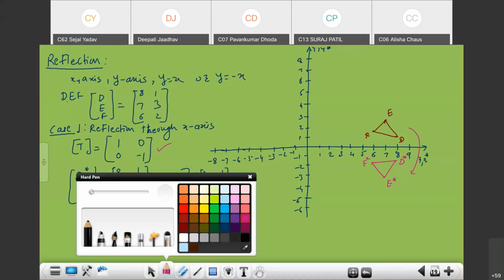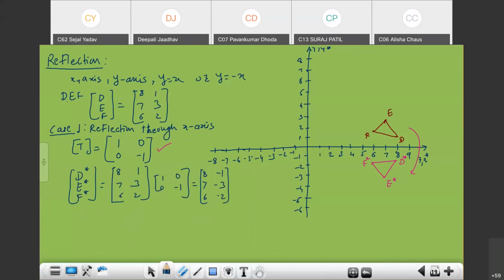Similarly, now we see another example. Case number 2, reflection through the y-axis. If we want the reflection through the y-axis, then we need to make the x coordinate minus.